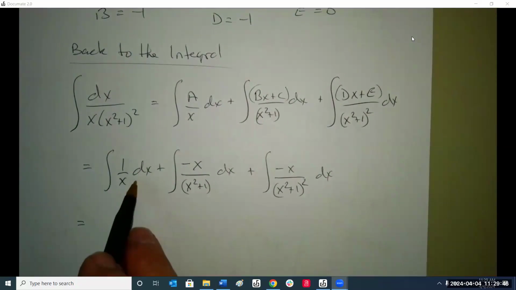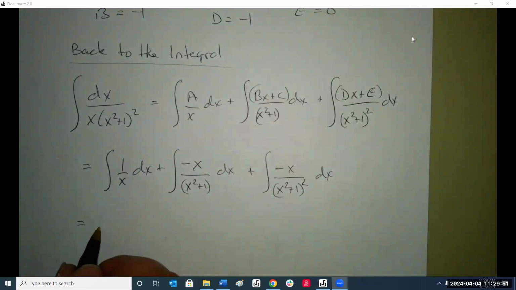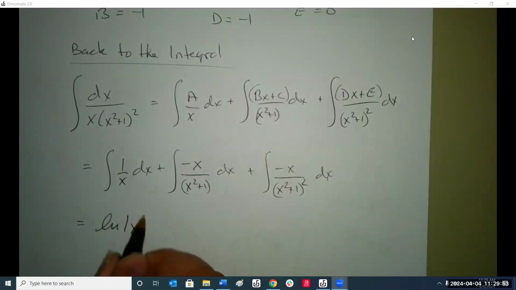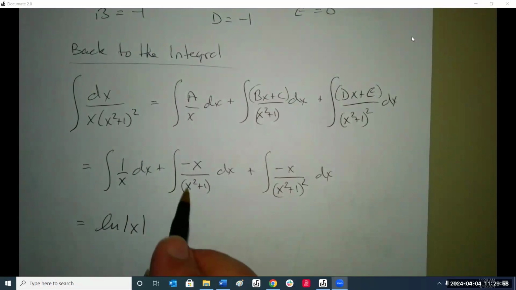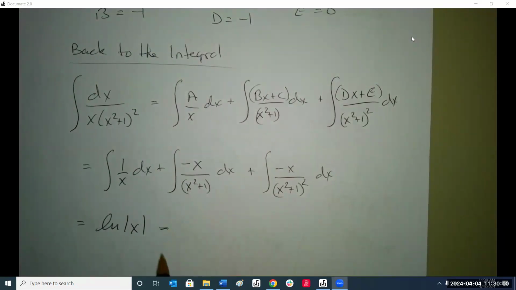All right, so that's just straight up ln x. It has to be absolute values because we can't have negative down there. This negative goes out there.